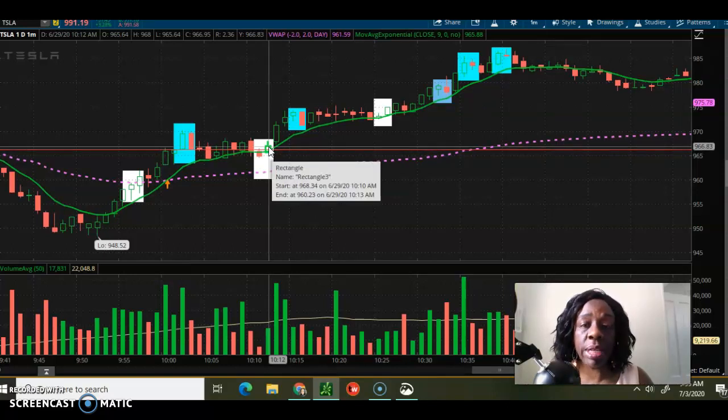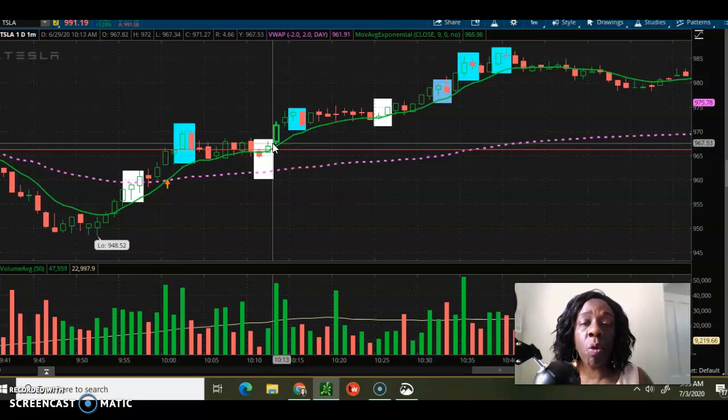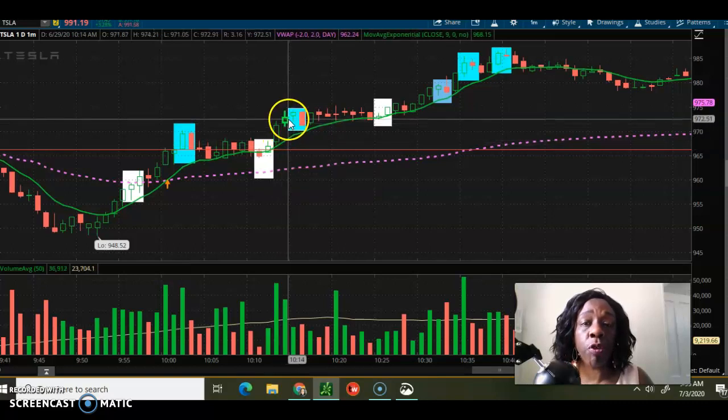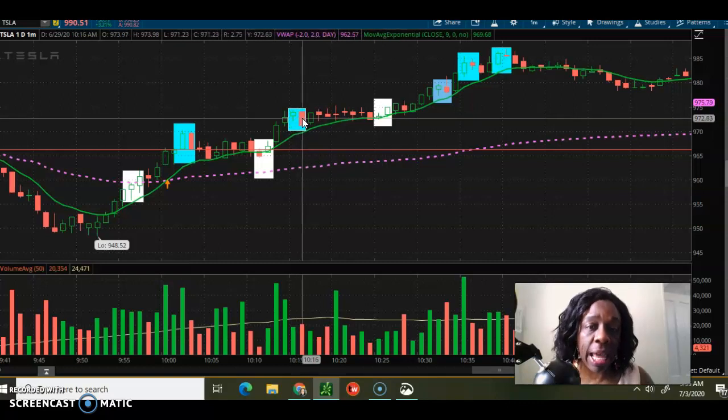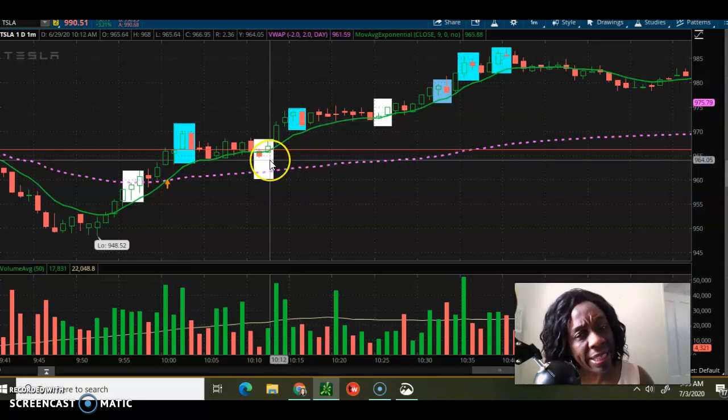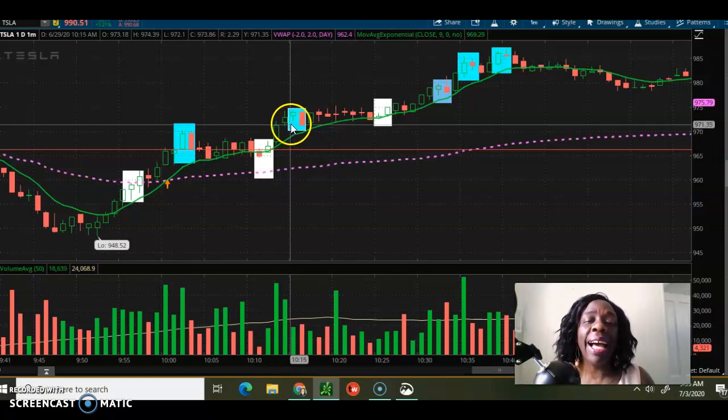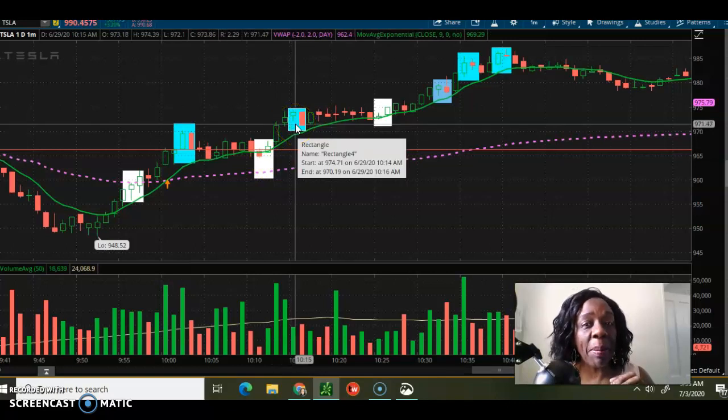So I entered the trade again, for 1, 2, 3, 4 minutes. Again, I had a positive profit and loss. I entered at the white box and exited within this blue box.